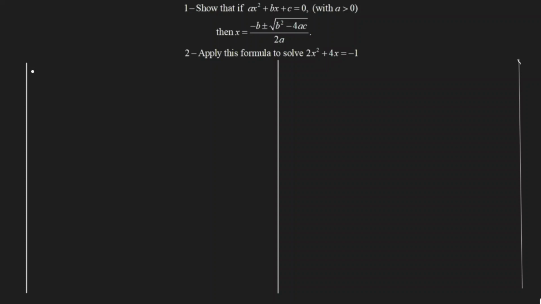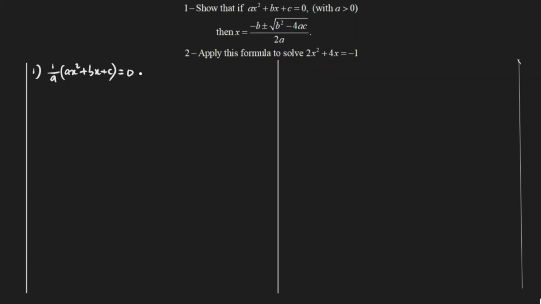So the first thing we have to do is multiply the left side and the right side of our equation by 1 divided by a to make sure that the coefficient at x squared is 1. So we have 1 divided by a times (x squared plus bx plus c) equal to 0, because 0 multiplied by 1 divided by a is 0.